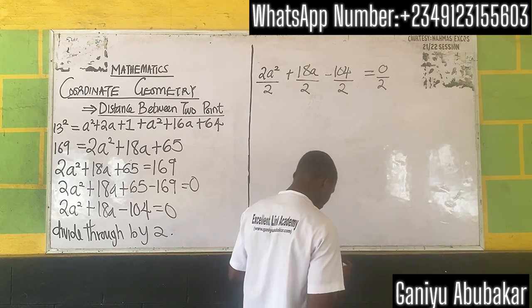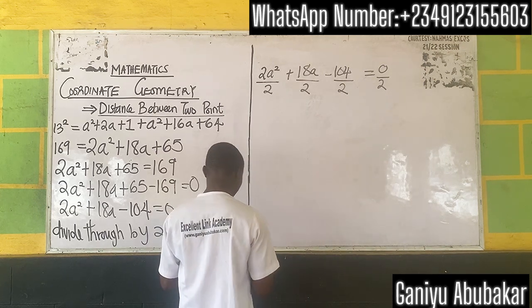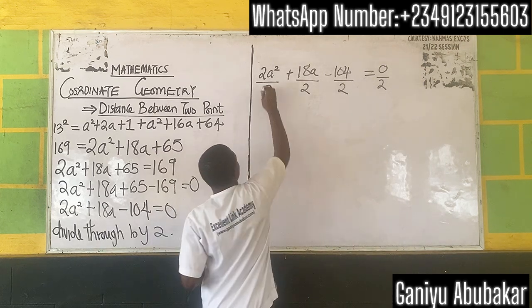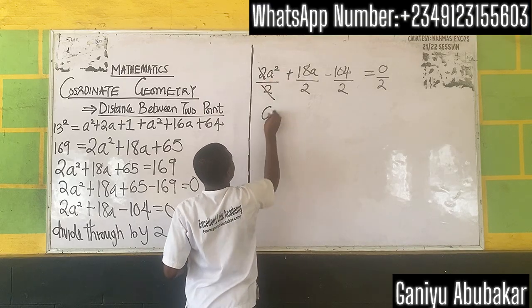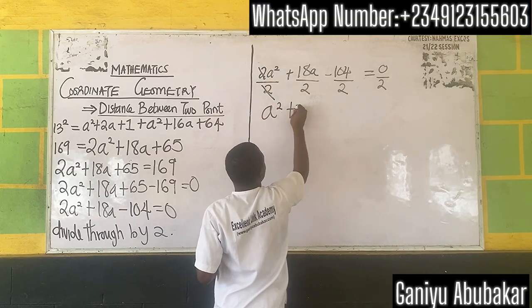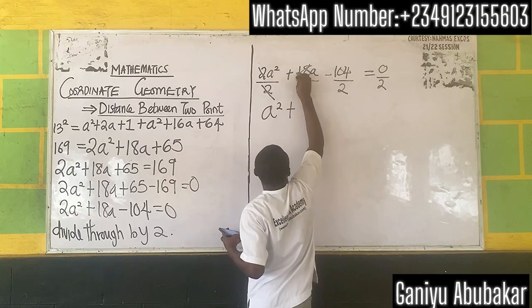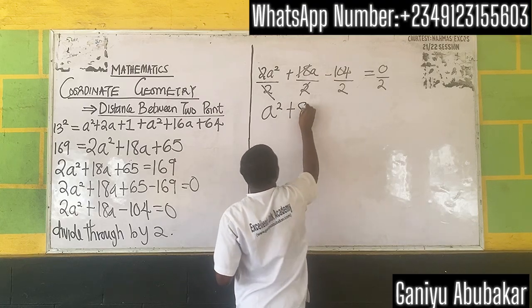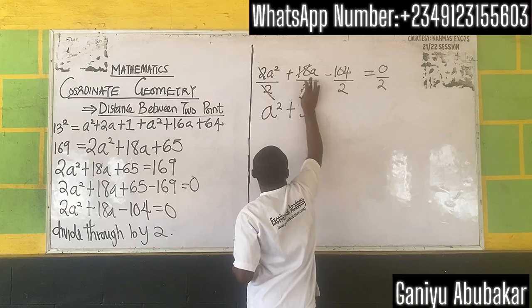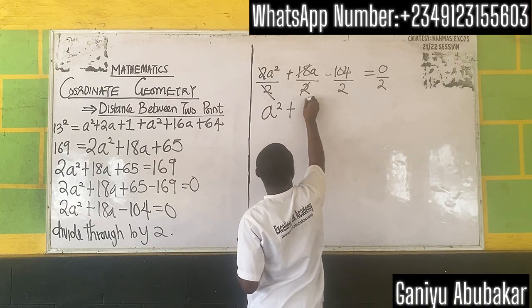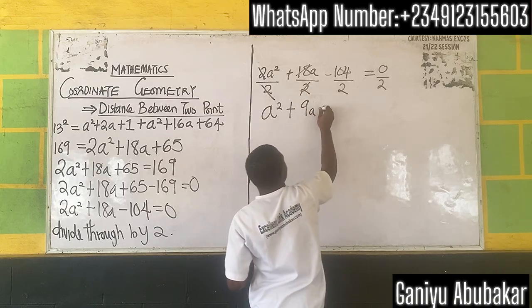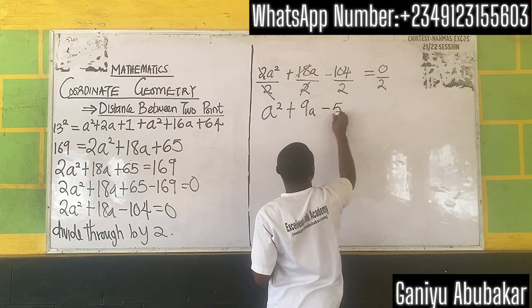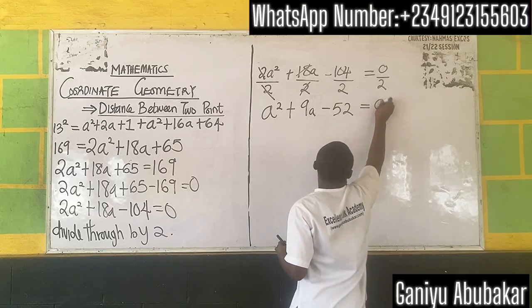All right, this one here gives you 2 cancel 2, that gives you a squared plus, 2 here 1, 2 in 18, 9, that's 9, sorry, that gives you 9a minus 52 equals 0.